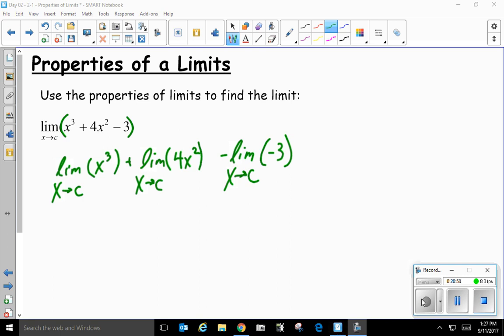That's the first thing. I'm going to break those up into pluses and minuses. So what about the first one here? The limit of x cubed as x approaches c.